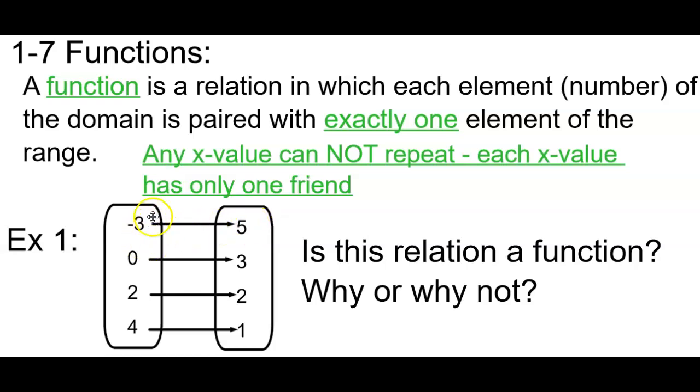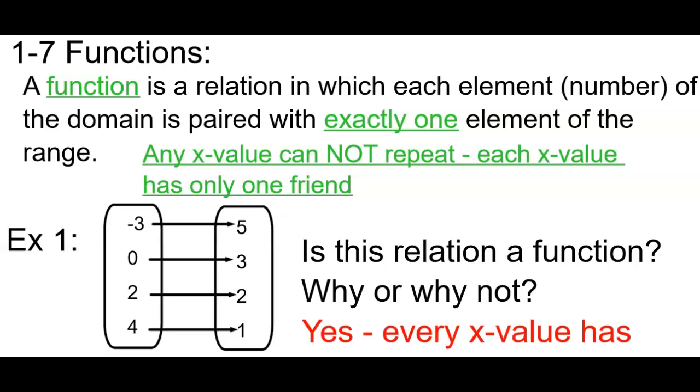So if the domain is shared over here, it would not be a single output. So not any x value cannot repeat. That's not even completely accurate. Any domain cannot have more than one friend. So let's look at what that means.